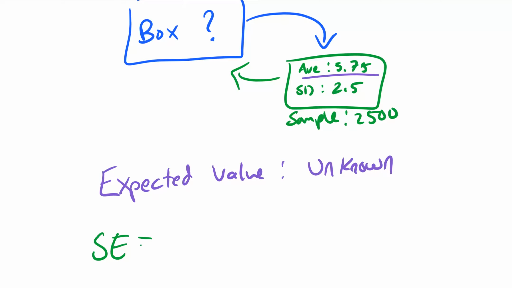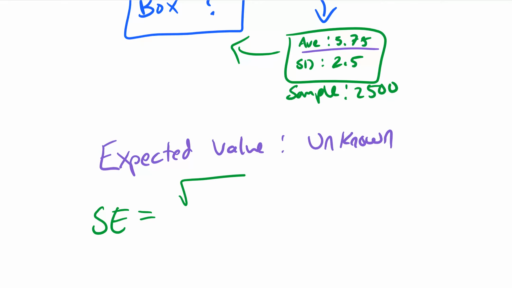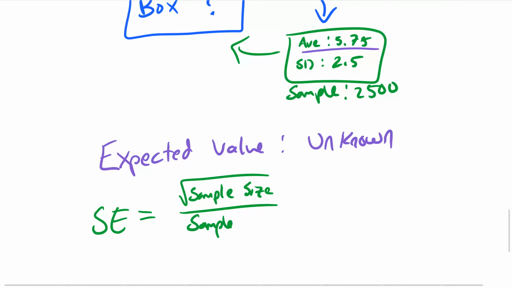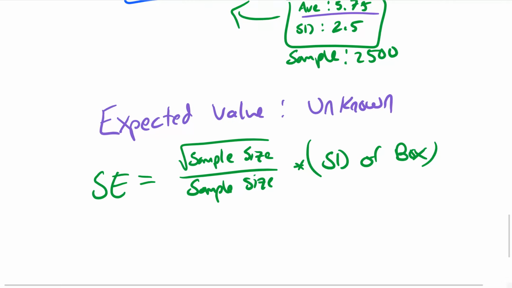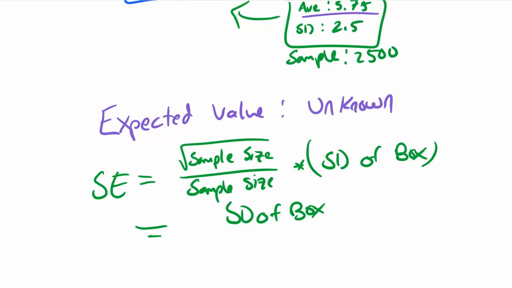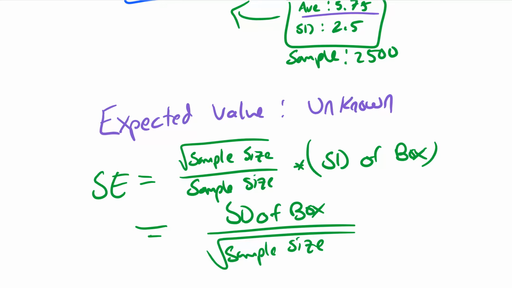The formula for the standard error is the square root of the sample size times the SD of the box divided by the sample size, which once again I'll rewrite as the SD of the box divided by the square root of the sample size. You can check these answers will be equivalent no matter which formula you use.